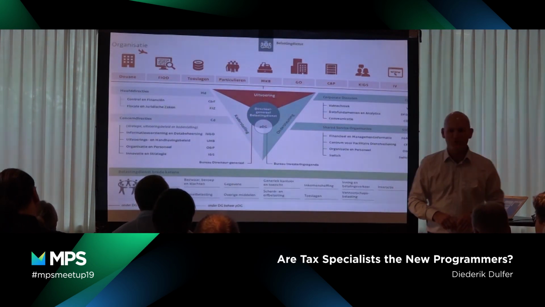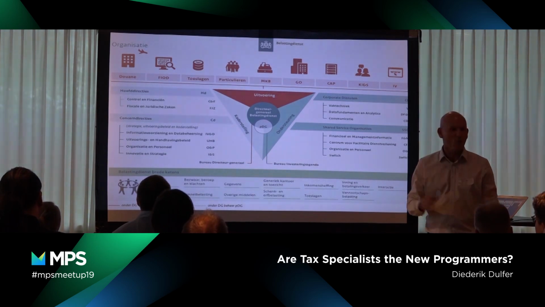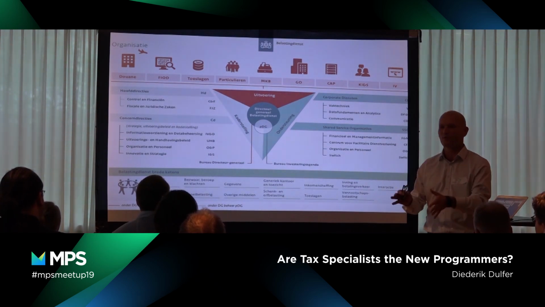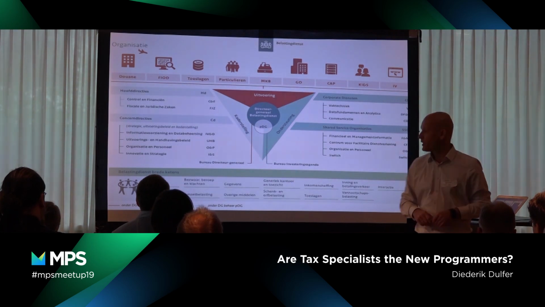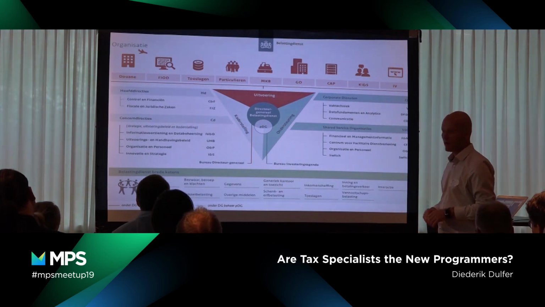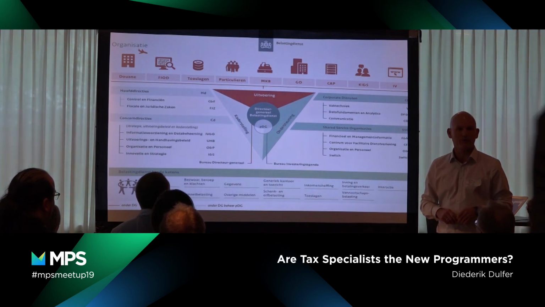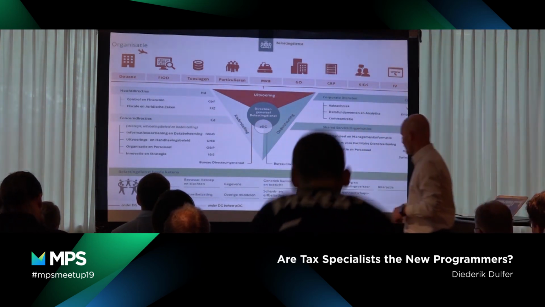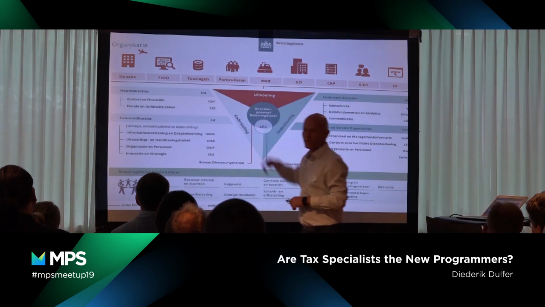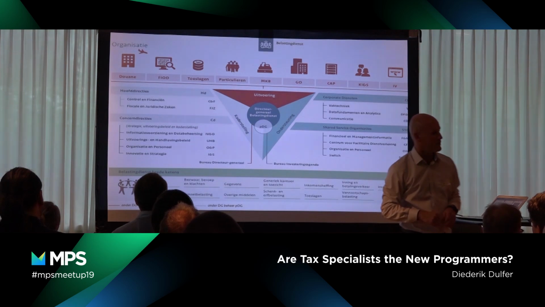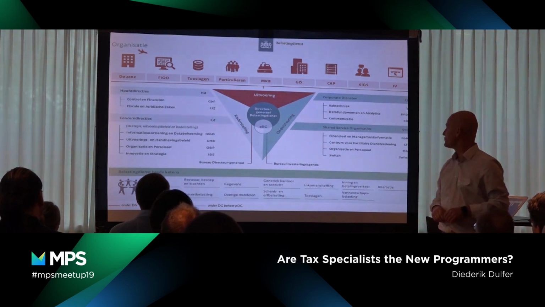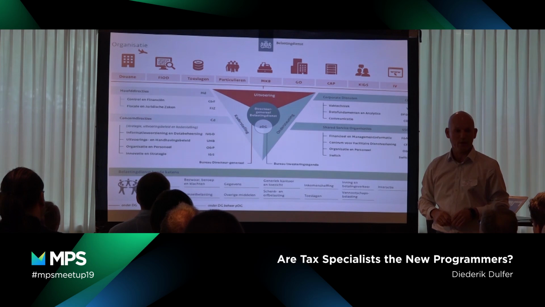So the Dutch tax department is more than only tax. We also do customs, and we also do benefits. Today I will tell you something about our project around income tax, which is of course for the citizens. We have a department for the big businesses, the big corporations, and that is where I will talk about corporation tax.